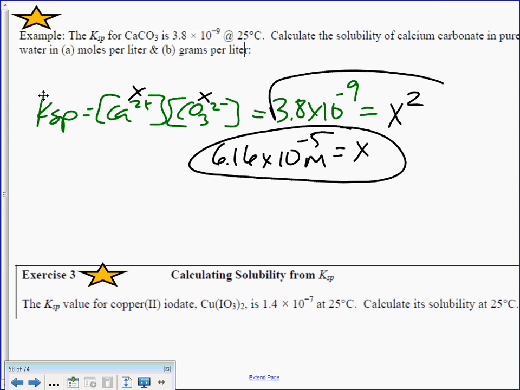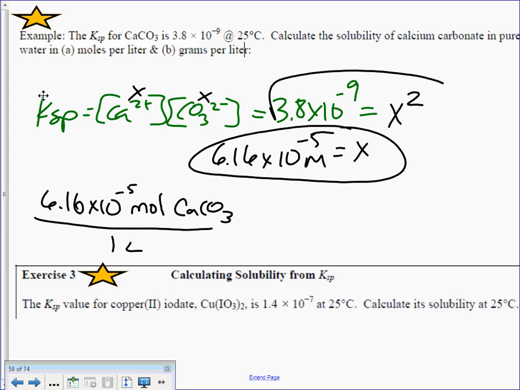Multiply it by what? The molar mass. Okay, so this is a slightly different one. 10 to the negative 5th moles of what? Calcium carbonate. Okay, so it's just recognizing what each of these values or terms are pertaining to. So if I wanted to convert from moles to grams, I'm just going to use the molar mass. Calcium carbonate was 100 grams.